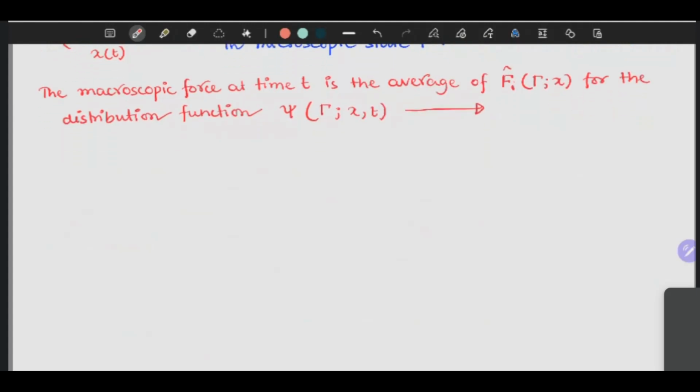If you take it, then f_i of t is equal to taking the average over this whole space of this quantity with the distribution function psi of x and t.